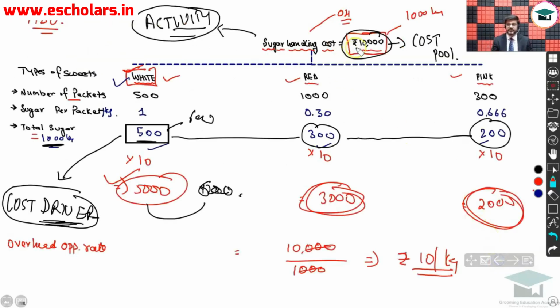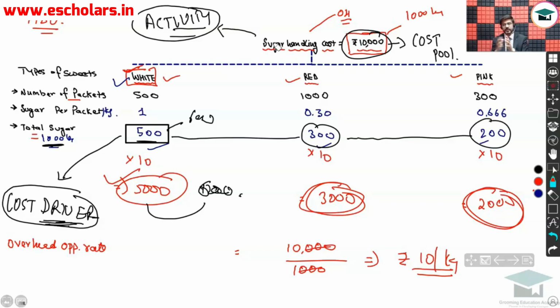Let's go back to our example. In this example, what was the activity? Sir, the activity was sugar handling. Now when you handle sugar, the person who is handling it, maybe loading, unloading, you must be paying some wages to them. That's your handling cost. Now you are also storing that sugar somewhere, storage cost, handling cost.